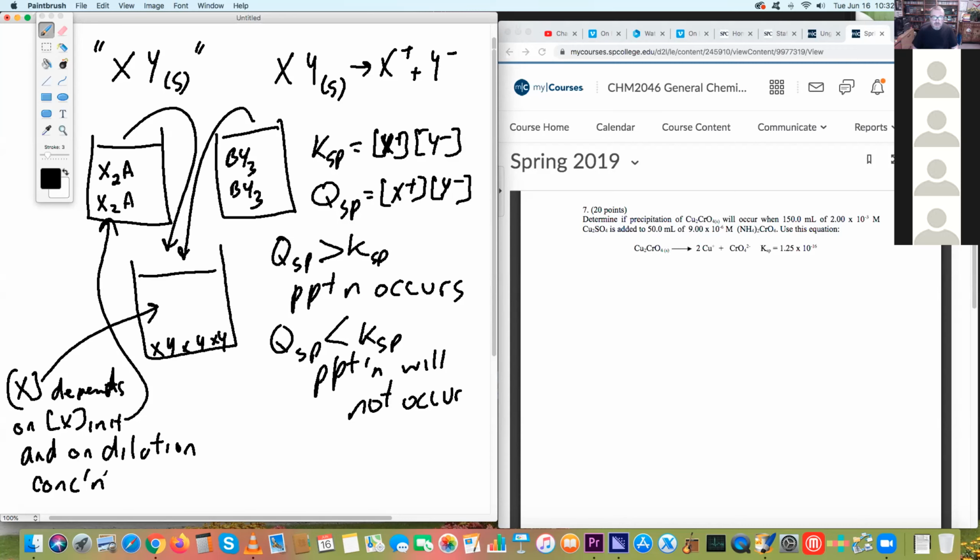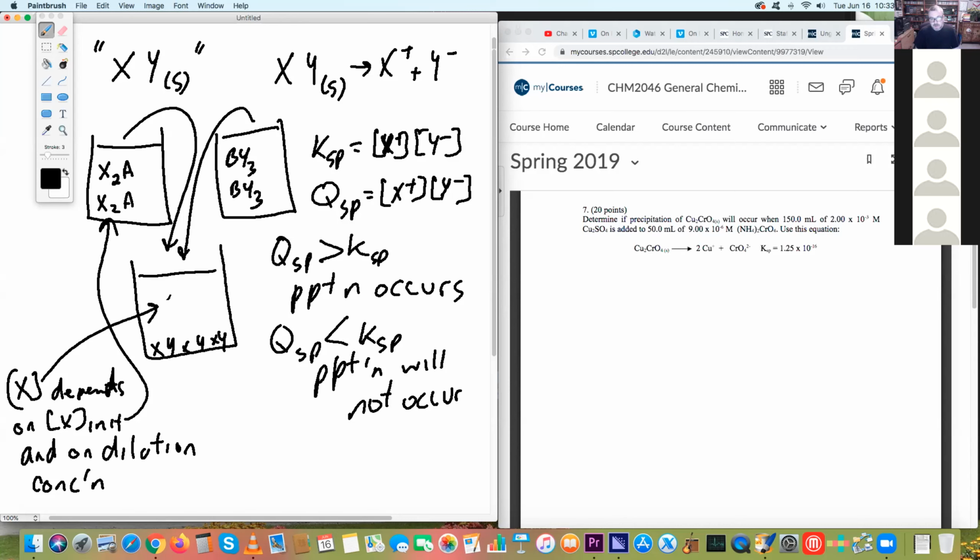And that's going to be entirely dependent on what X looks like in that initial compound. So if it's X2A, that would mean that there are 2 molecules of X for every 1 mole of A. That's going to affect the concentration of X in the initial solution. And then it gets diluted. So we have to do both of those things in this kind of problem.